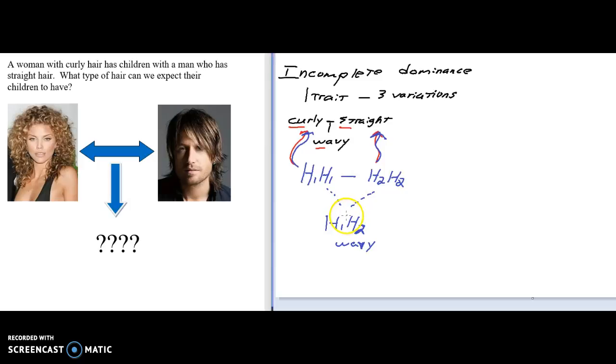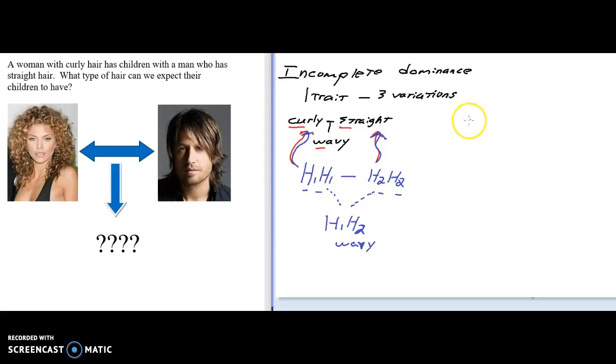It's kind of like the rock, paper, scissors game. You have three variations. Right? You don't have one of them that blocks the other one and one that's recessive to the other one. The only way you get curly to show up is with two of these H1, H1s, straight is H2, H2s, and then when they combine and you have half and half, third variation expresses.